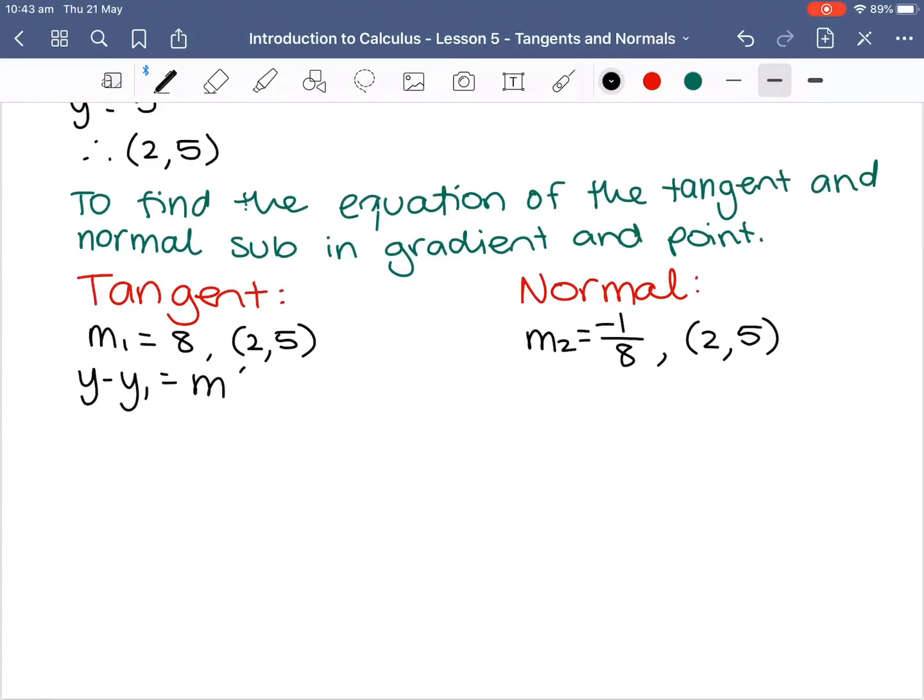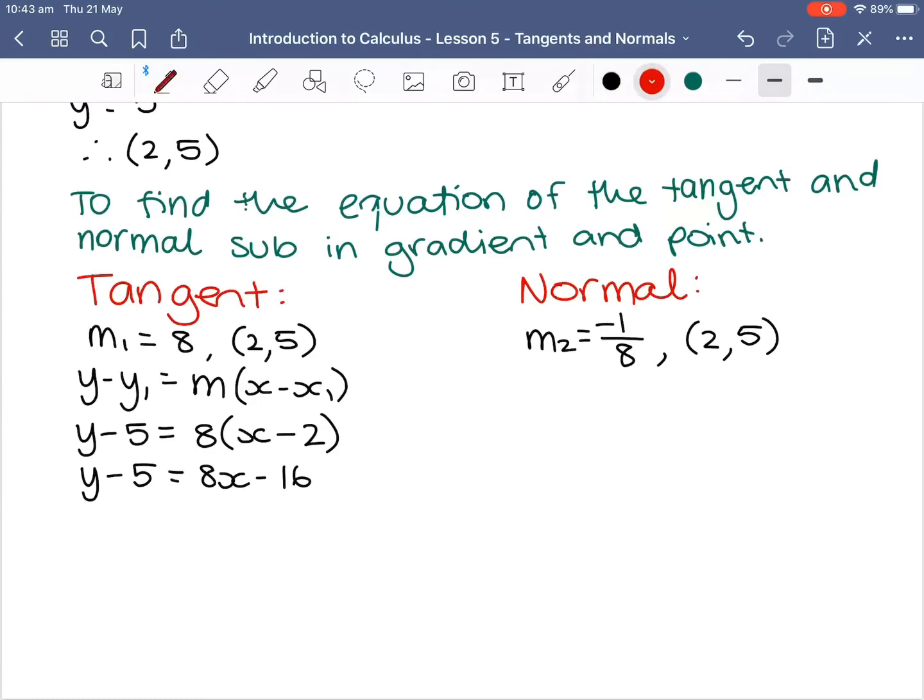So we've got y minus y1 equals m bracket x minus x1. Let's just focus on our tangent first. So let's substitute these in. We have y minus 5 equals 8 times x minus 2. So y minus 5 equals 8x minus 16, plus the 5 to both sides, and we have y equals 8x minus 11.